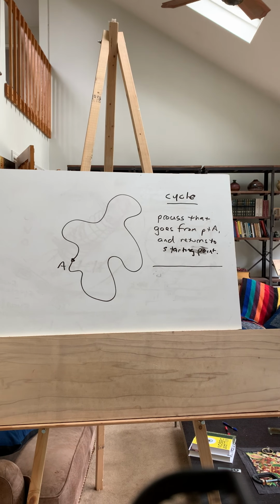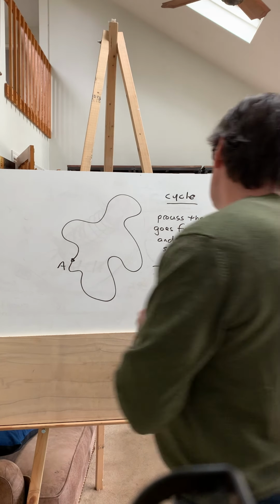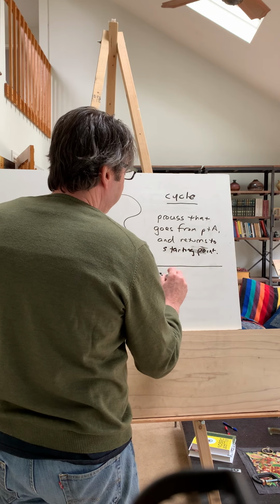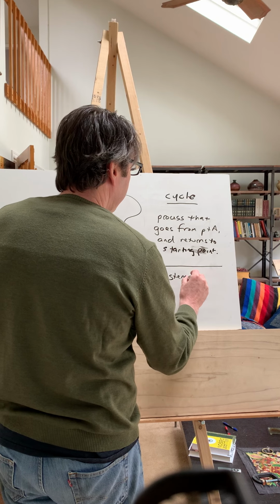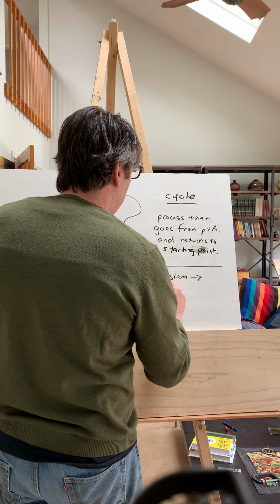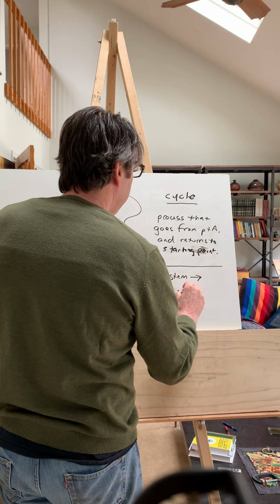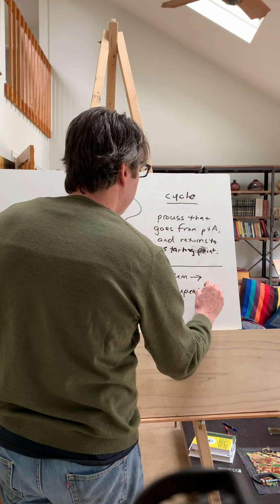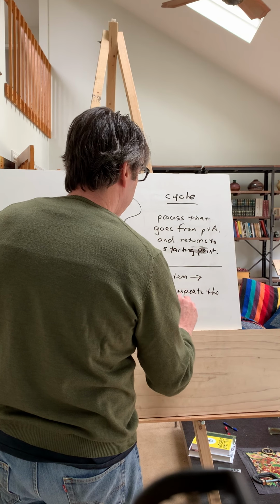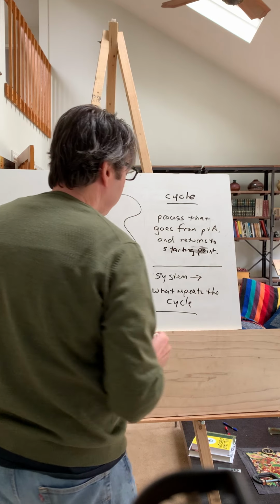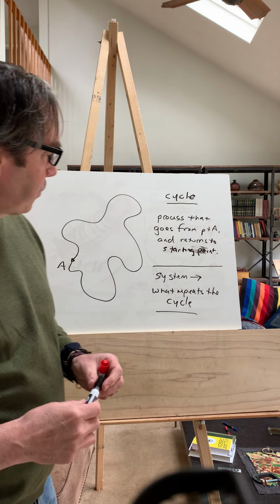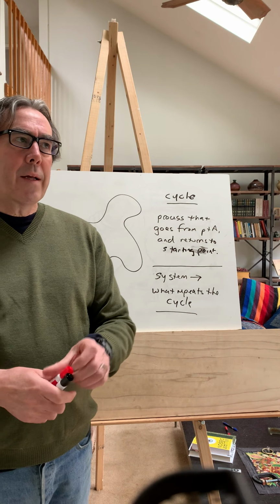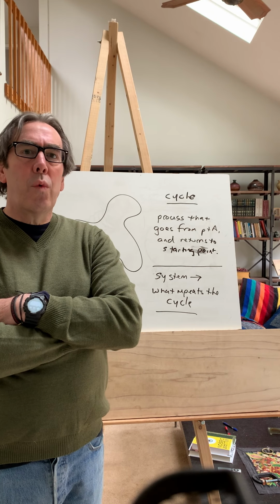Now, the system. We're going to have to define a system. That's what repeats the cycle. And so if we thought about the cycle of the seasons, what would be the system?